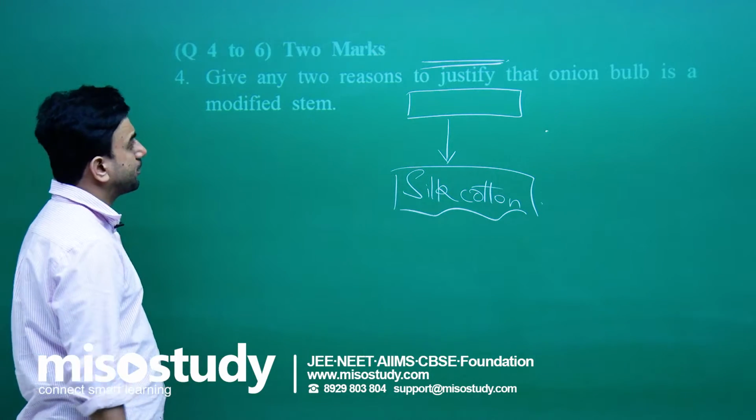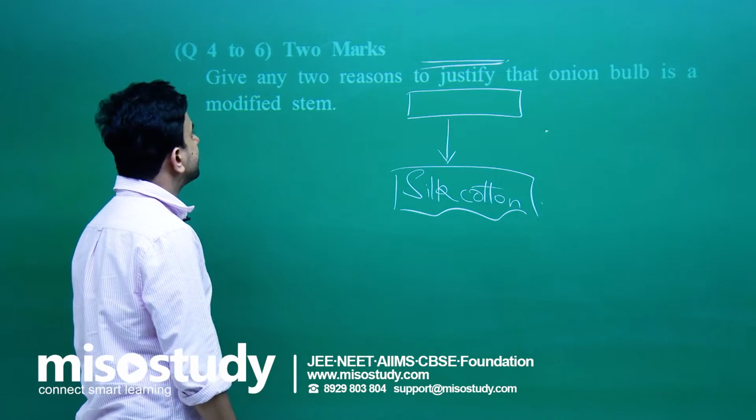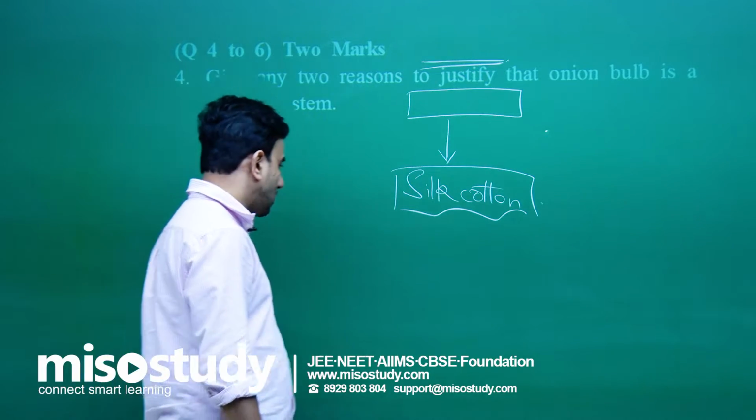Moving on to the next question. Give any two reasons to justify that onion bulb is a modified stem.